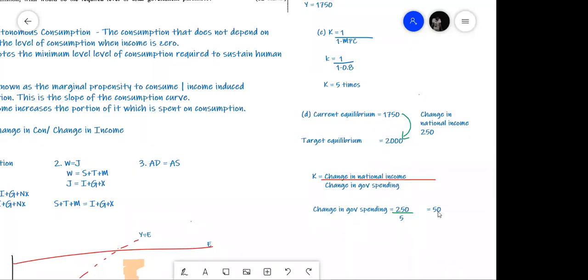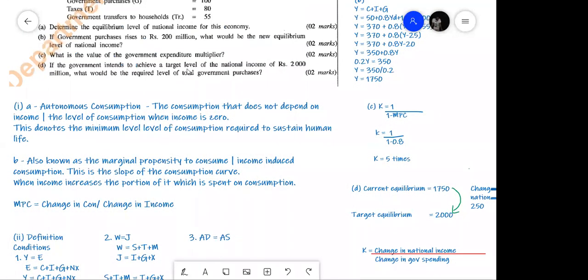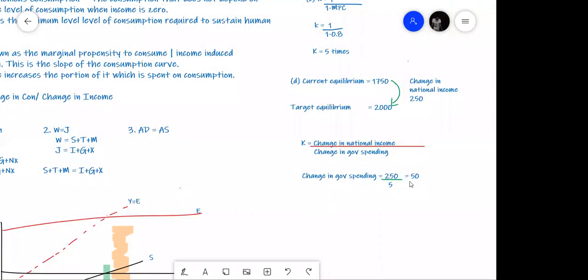So currently, how much is your government spending? It's 200. They're asking in this question, what would be the required level of total government purchases or government spending? You need a change of 50. So what is your final answer? Is your final answer 50, or is it something else?